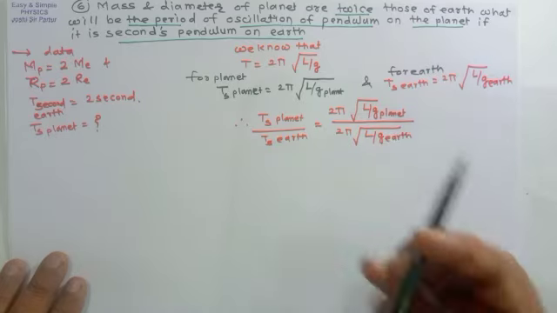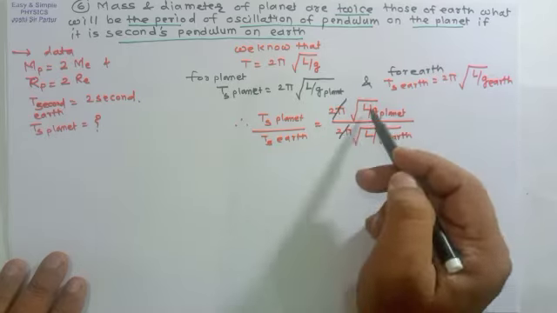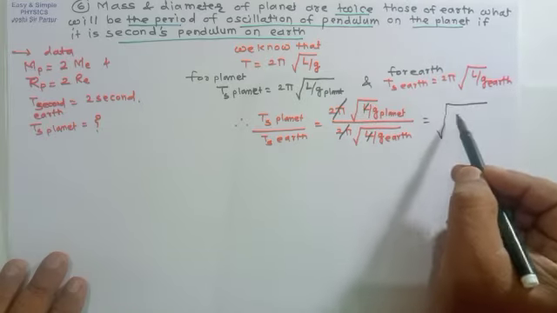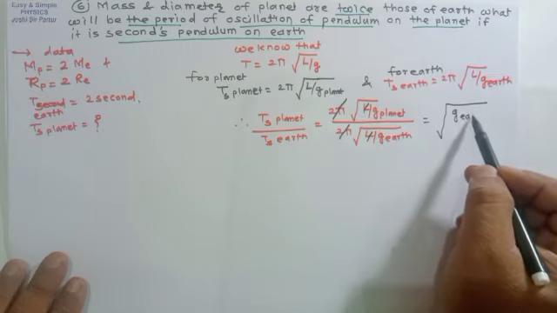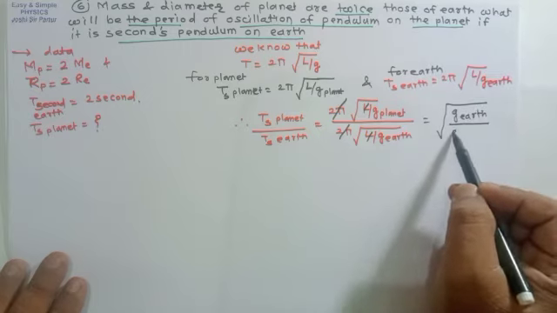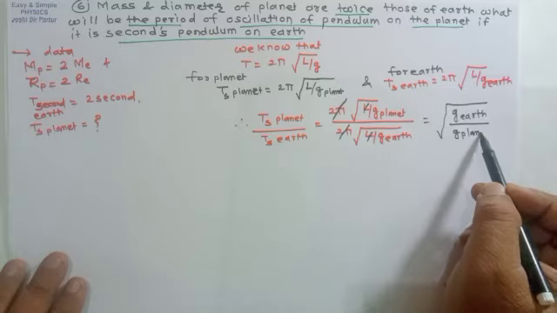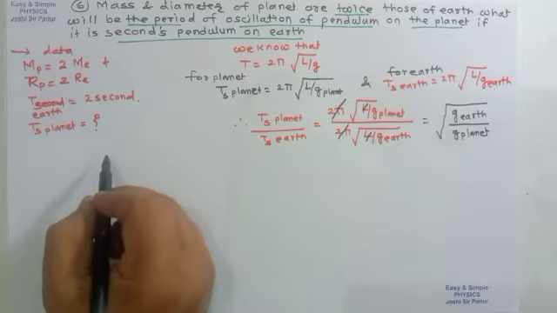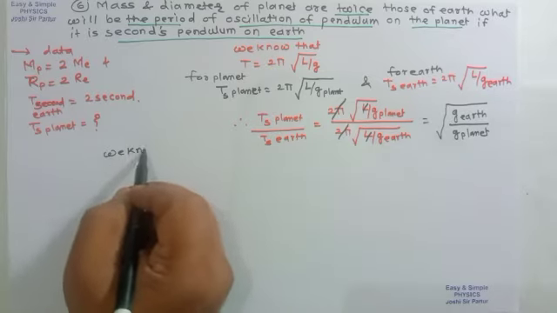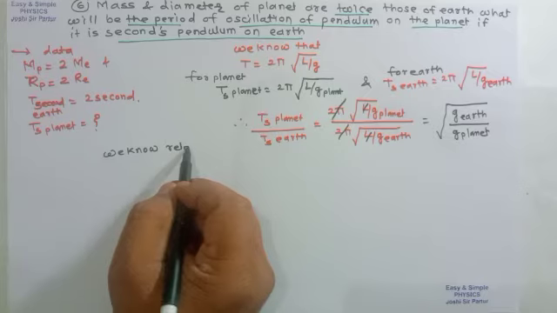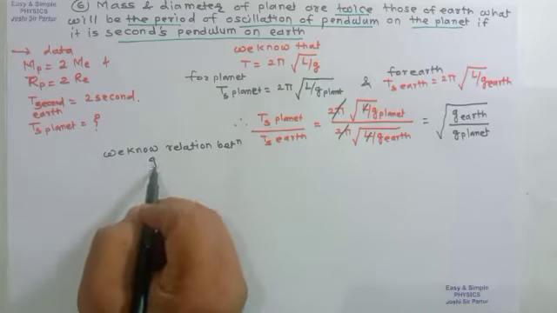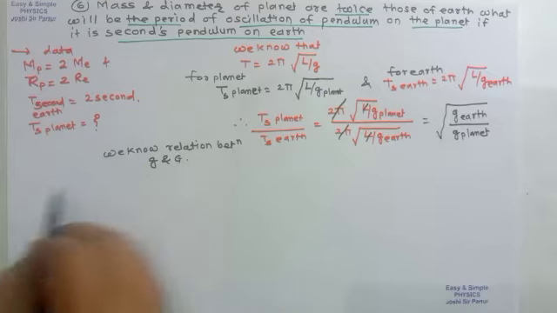So 2 pi gets cancelled, L gets cancelled, means square root of g for Earth upon g for planet. Means if we know the value of g, we know the relation between small g and capital G.